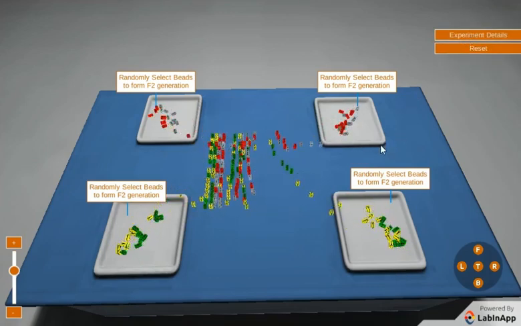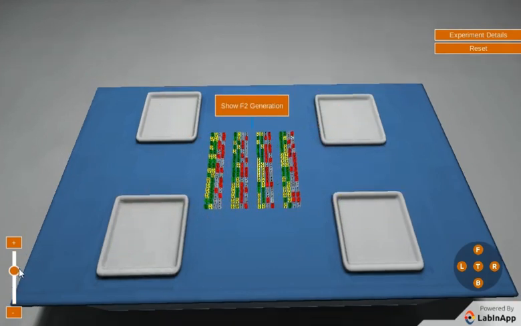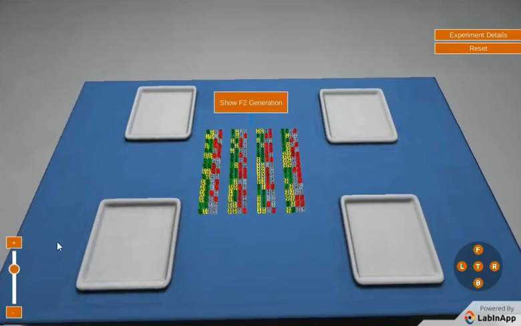Continue this process till all beads are utilized. At the end, 64 F2 individuals, each represented by a 4-bead cluster, are obtained.